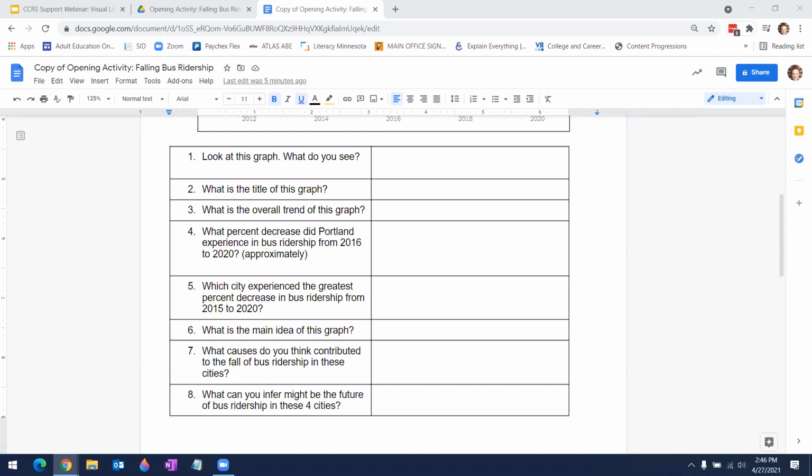What do you need? And it's like, okay, the title, or what do these numbers here mean, or what do these dates mean? And just to teach students what parts of the graph or the chart they need to focus on to interpret it.